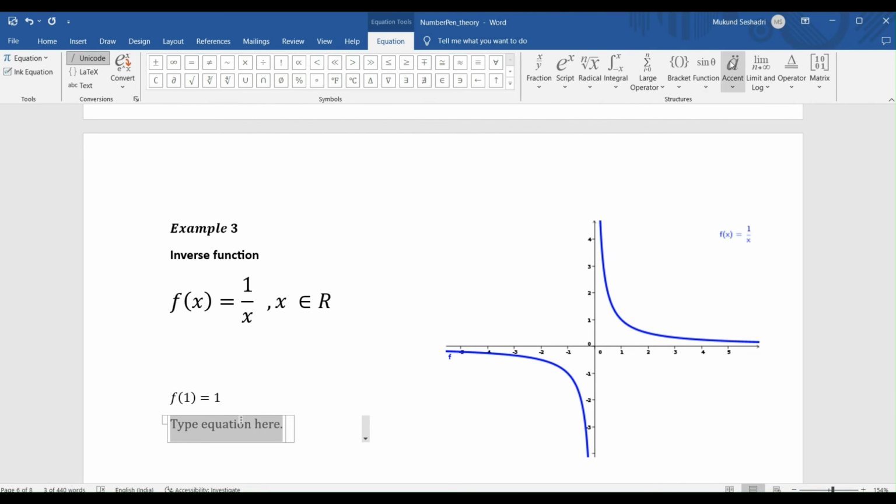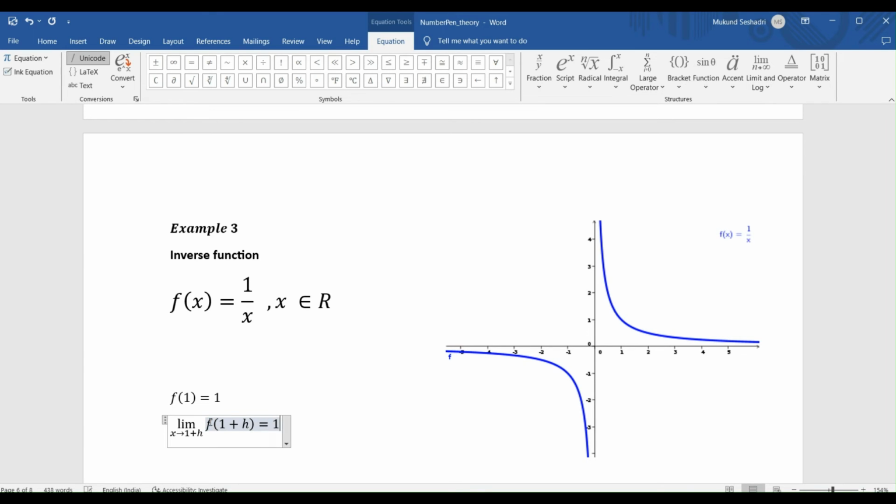I'm going to go to my equation. I'm going to use limits. Now, x tends to 1 plus h, and this is my f of 1 plus h, right?